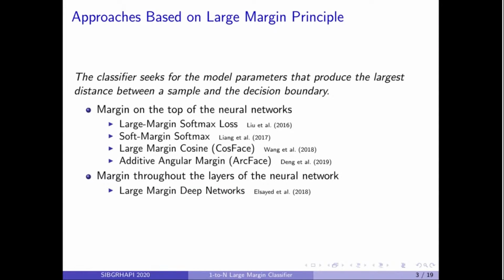In the first, the approach imposes margin on the top of the neural network. All these approaches provide margin specifically at the softmax function. In the second category, the approach imposes margin not only in the output, but also in the input and hidden layers of the neural network.